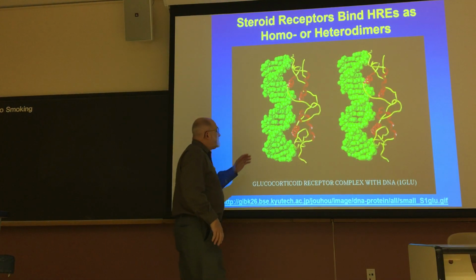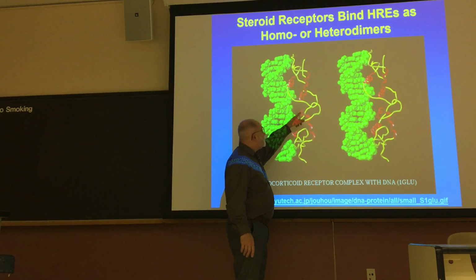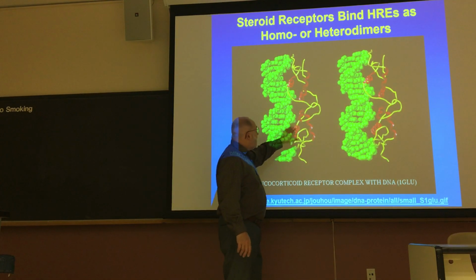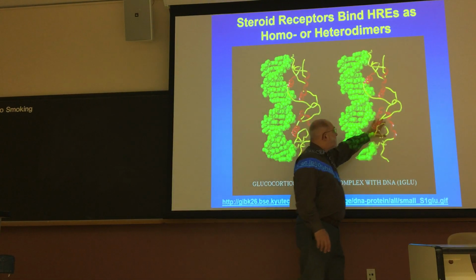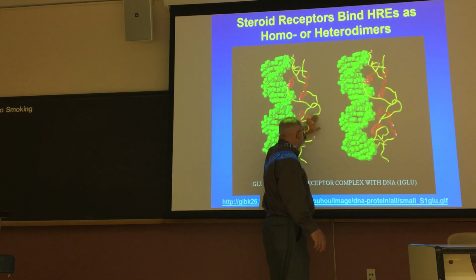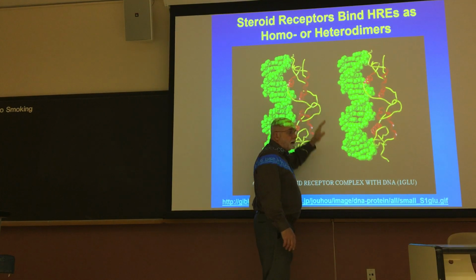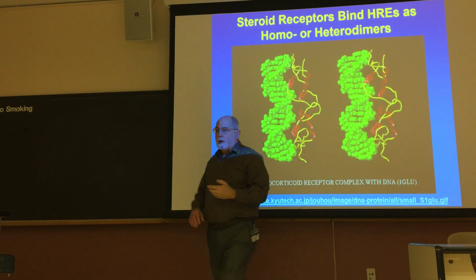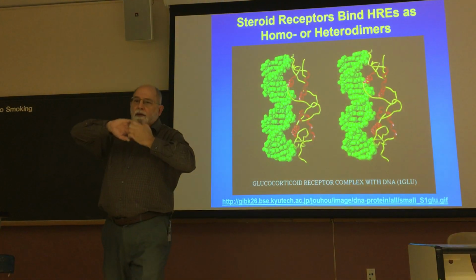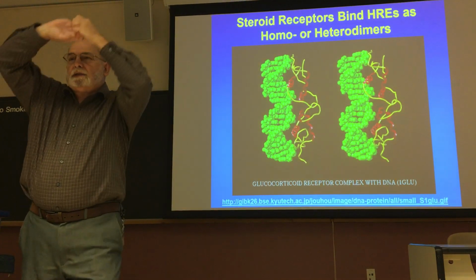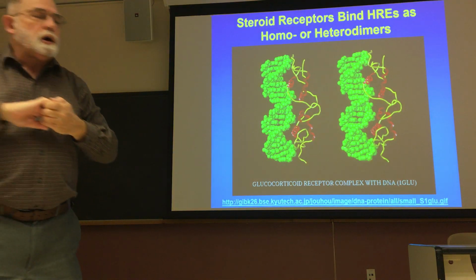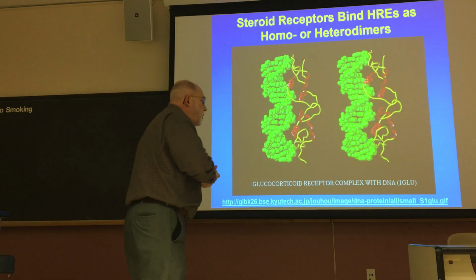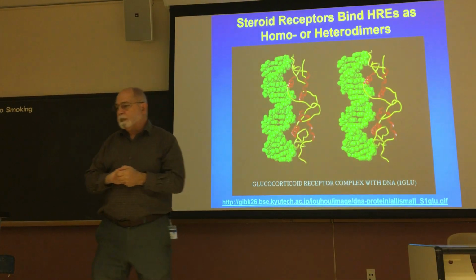The one thing to note about the glucocorticoid receptors here is that in each of these images, there are actually two of those molecules. There's one down here, and there's one up there. And they are oriented head to tail. They're like taking your two hands and locking them together. Okay. They form what's called a homodimer.